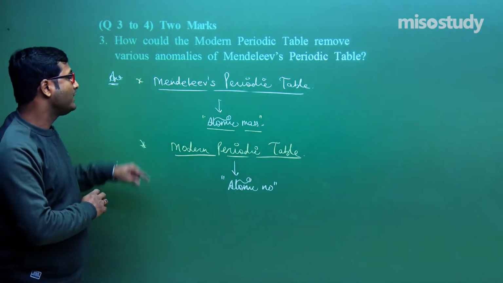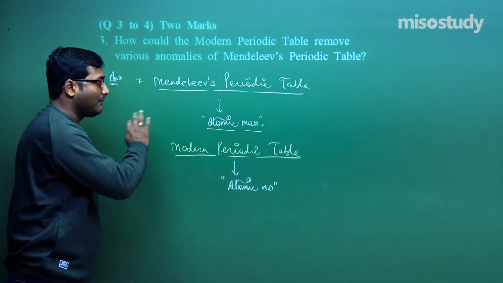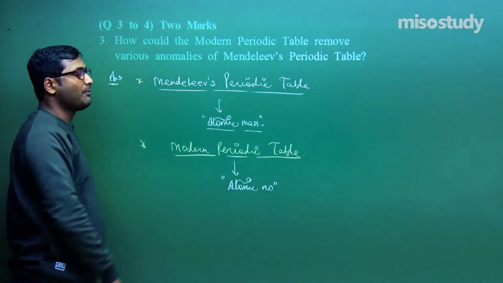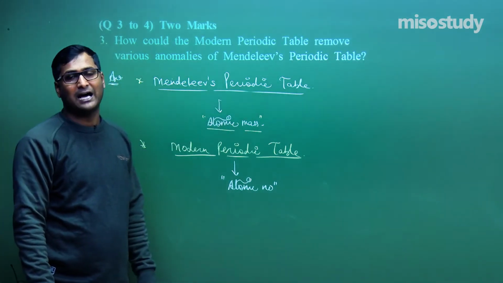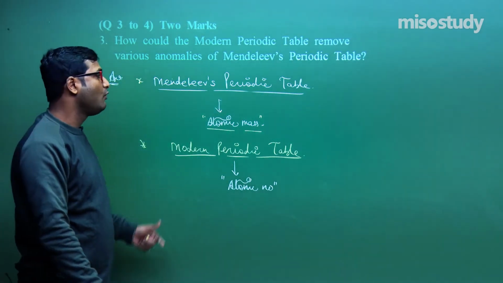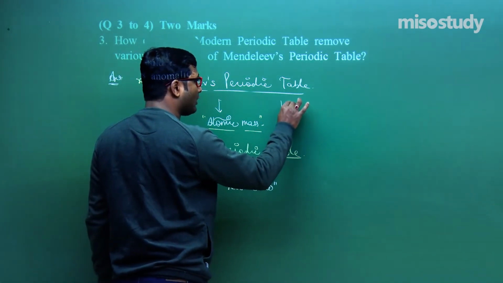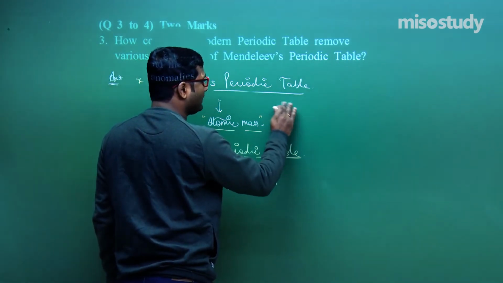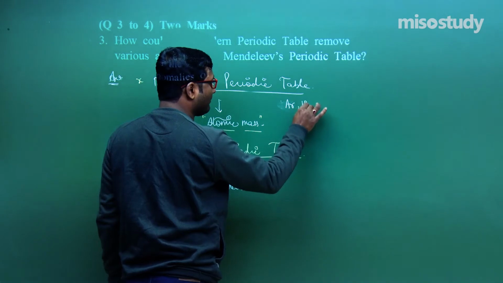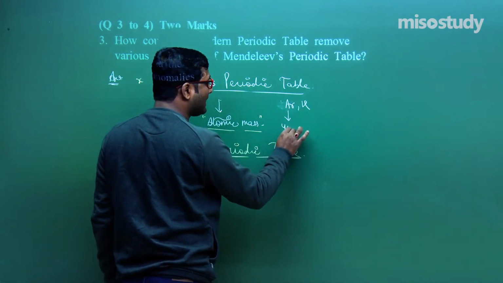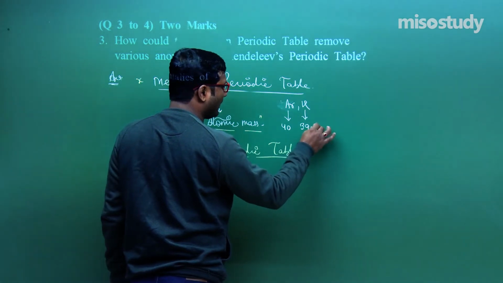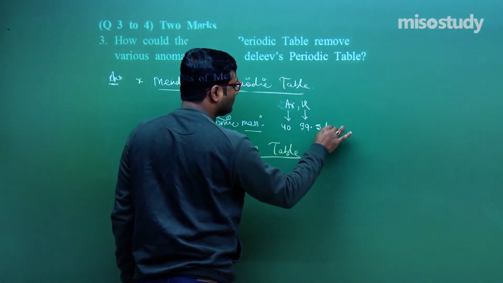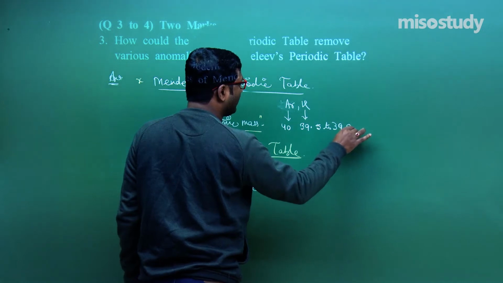Now, as we know, if we take the Mendeleev periodic table, then the position of hydrogen was uncertain. There was no description about the isotopes. There are a few pairs. For example, if I talk about argon and potassium, argon has more mass than potassium. Potassium has approximately 39.5 to 39.9.